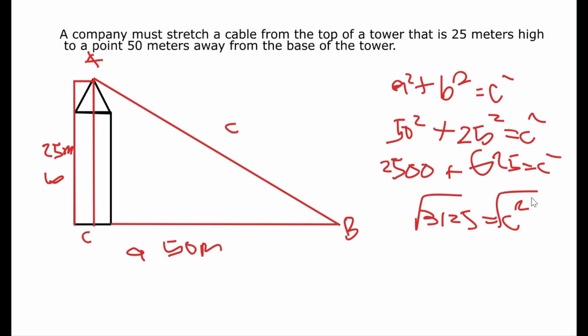So the square root of 3125 is, so c is equal to 25 square root of 5, or 55.90 meters. So that's your c.